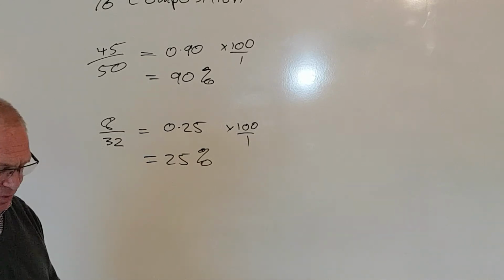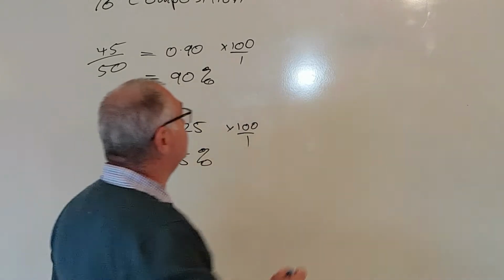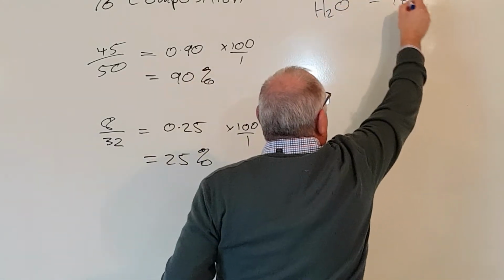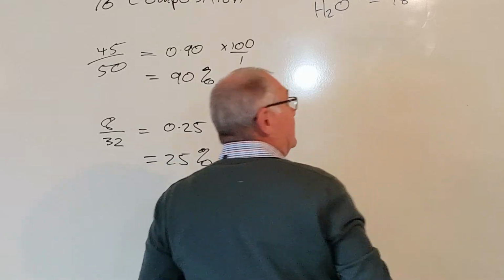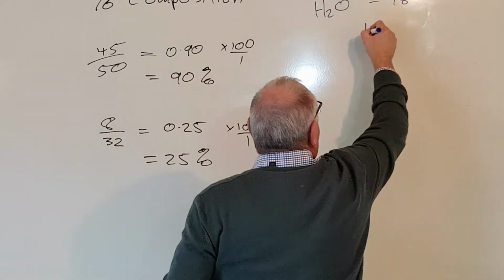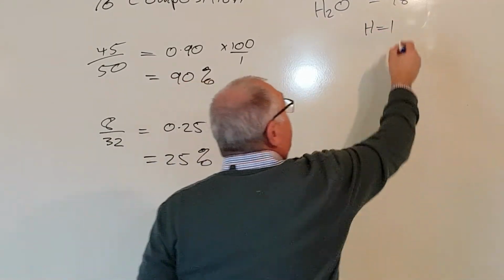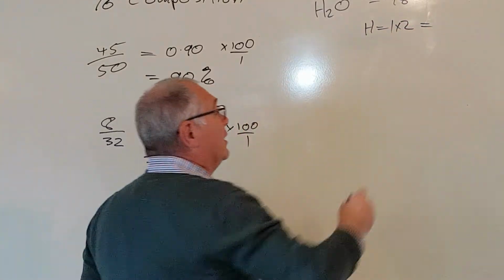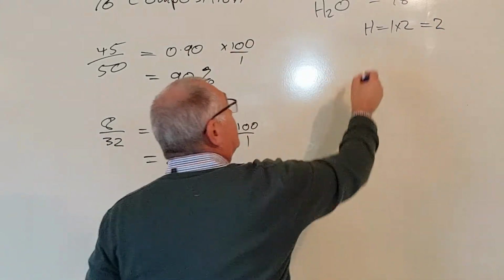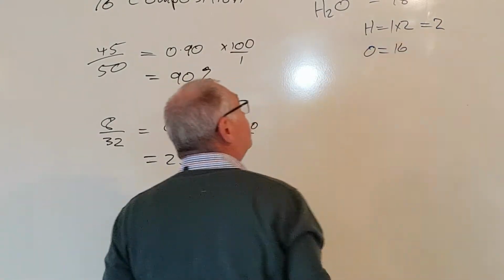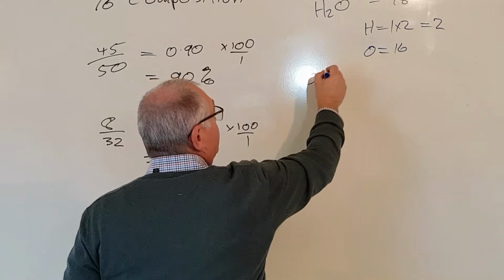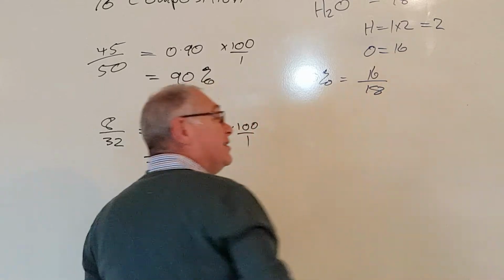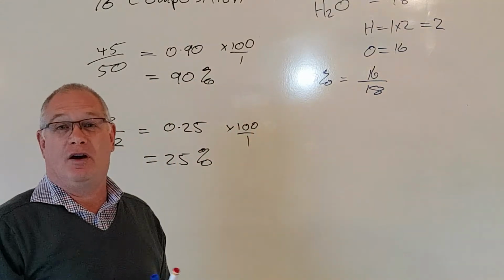Let me give you an example with water. Water, H2O, we know that that has a molecular mass of 18. Hydrogen has a mass of 1, and there are 2 hydrogens, so the total mass of hydrogen in the water is 2. Oxygen is 16. So if we were to have a look at the oxygen percentage, that would be 16 out of the 18. The mass comes from the oxygen alone.